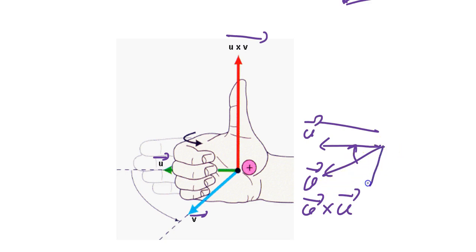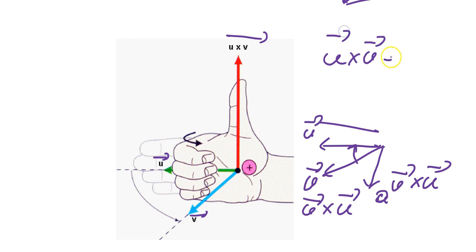So obviously this will be the V cross U vector. So we see that U cross V is equal to minus V cross U.